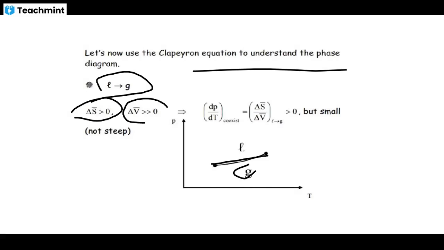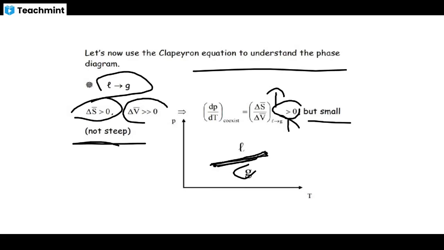Going from liquid to gas, the disorderliness increases and the volume also increases very much. So delta S also increases, delta V also increases. Definitely it is greater than zero, but small, not steep.